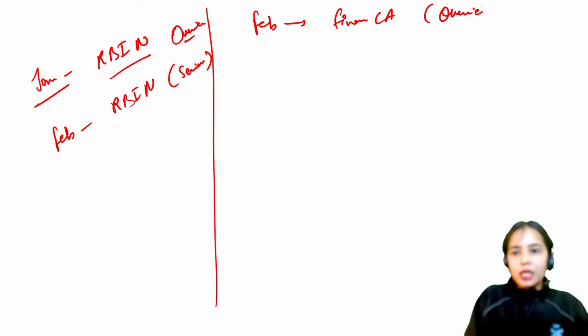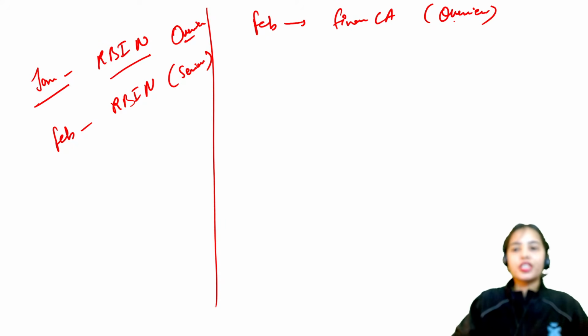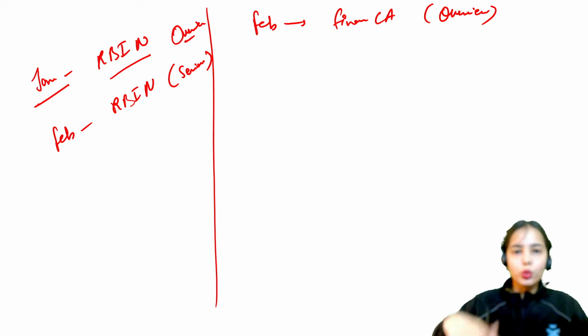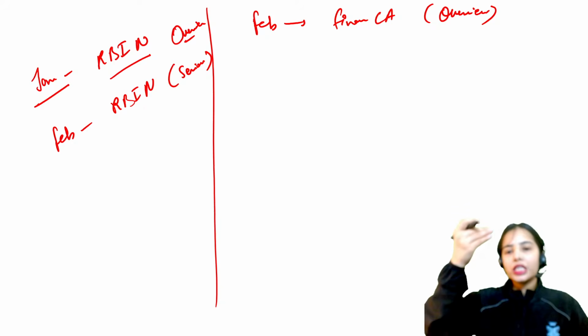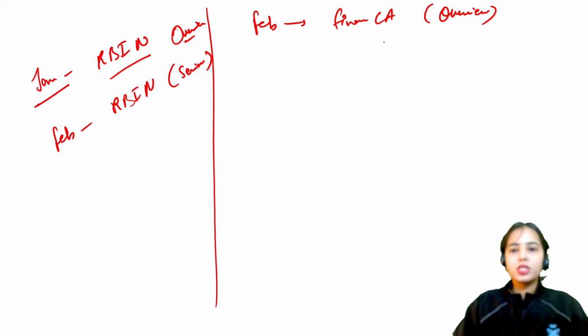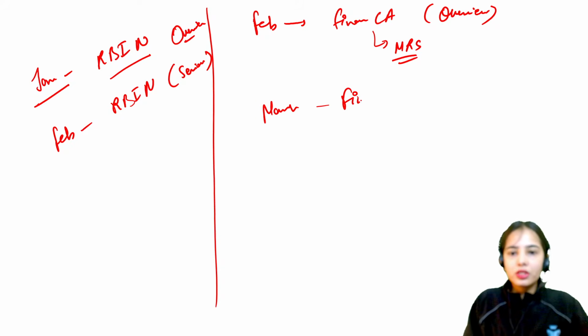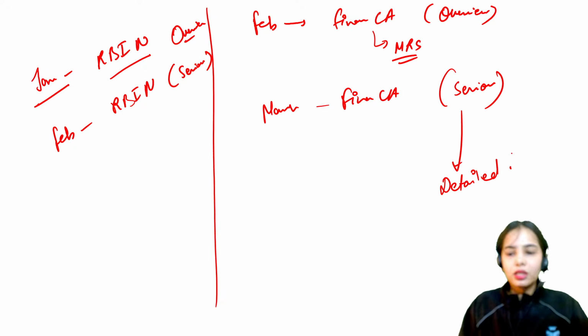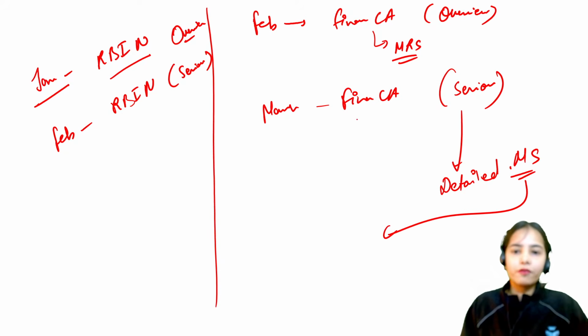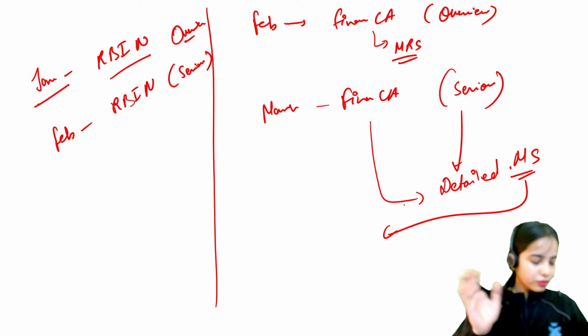You can see the monthly revision session, and you can just go through the document that you have from any of the courses you have taken from EduTap or other institutions. You can also see the monthly revision session for the Feb finance current affairs that I have taken. From March finance current affairs, you have to be more serious, and that's why I'm taking a detailed monthly session for the finance current affairs particularly. Now, any confusion?